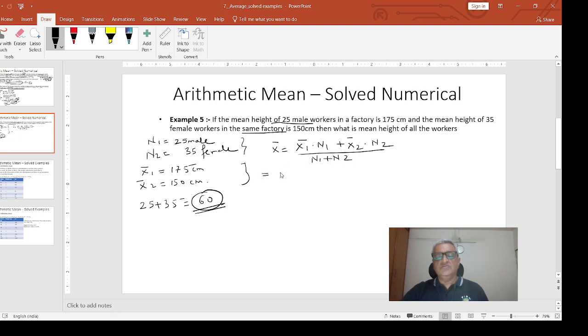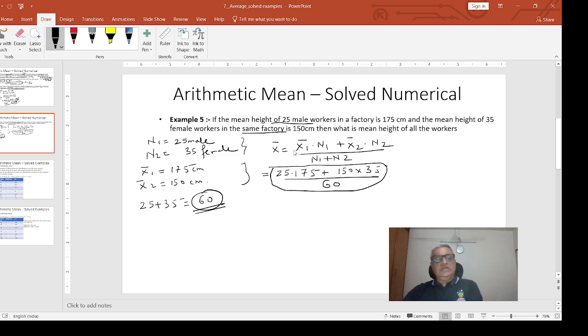I put the values: 25 multiplied by 175 plus 150 multiplied by 35, divided by 60. I encourage you to solve this and arrive at the final answer.